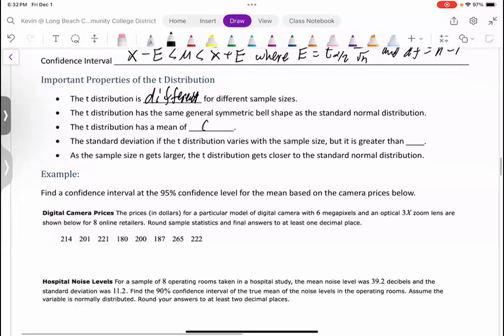A t-distribution has a mean of 0. The standard deviation of the t-distribution varies with the sample size, but is greater than 0, meaning it's always positive. When a sample size n gets larger, the t-distribution starts looking like a z-distribution, a standard normal distribution. So when n is like at 1,000 or something like that, then you could use either the t or the z. It's the same.